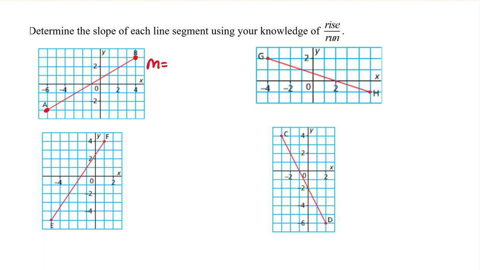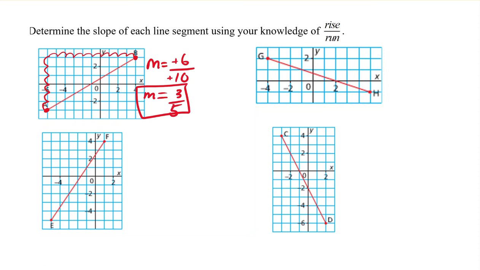So let's see how much we go up and how much we go over. 1, 2, 3, 4, 5, 6. We have to go up 6. We'll go over 1, 2, 3, 4, 5, 6, 7, 8, 9, 10. We'll go over 10. And 6 over 10, if we were to reduce that, that's 3 over 5. So this has a slope of 3 over 5.